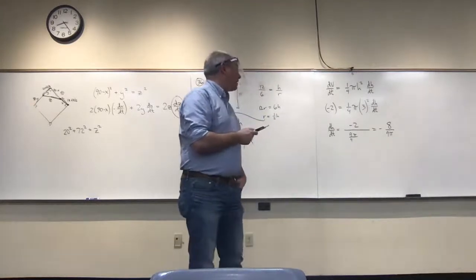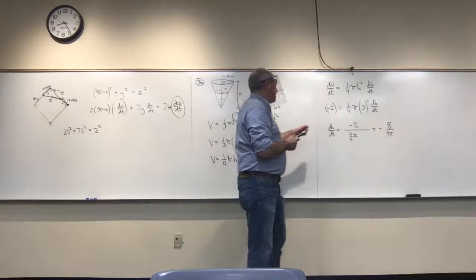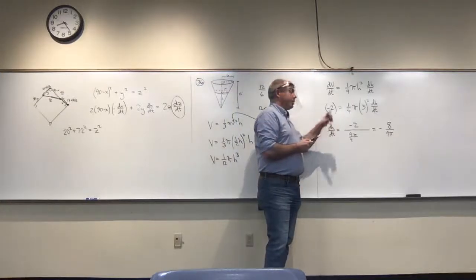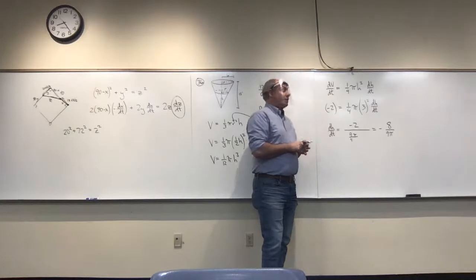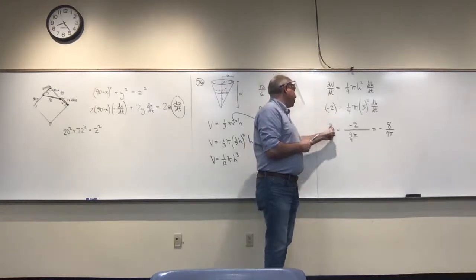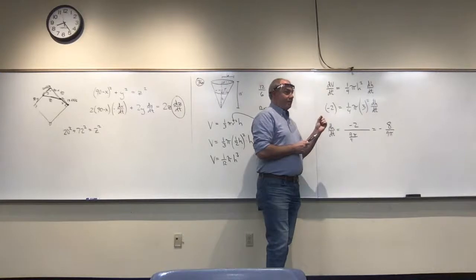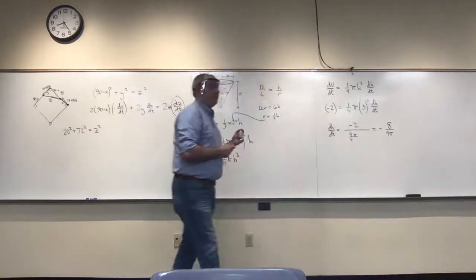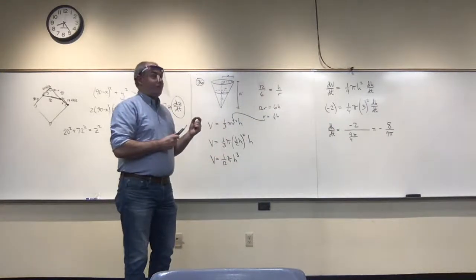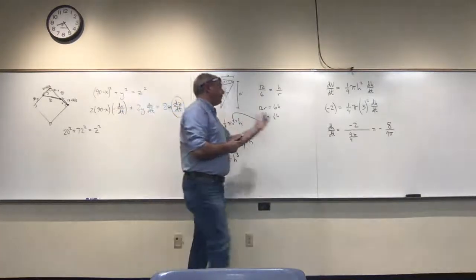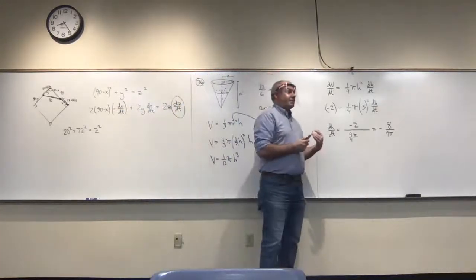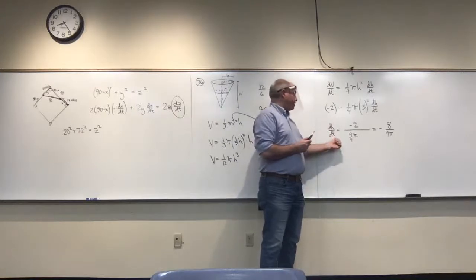Would that be feet cubed? No, because h is only measured in feet. Now volume is measured in feet cubed, right? So if I were finding a dV/dt, then I might be saying feet cubed per second.